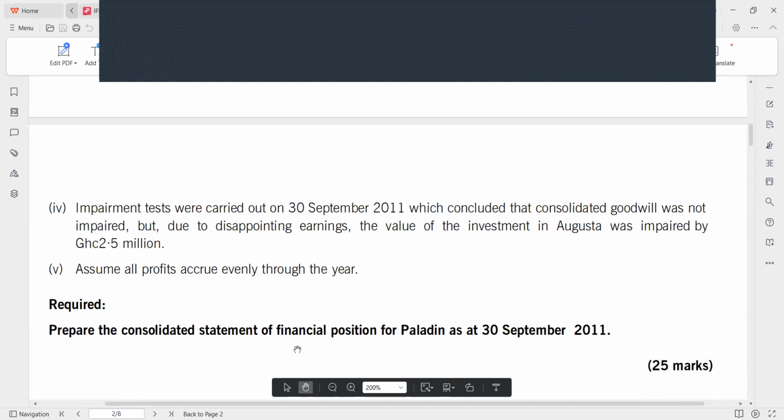But due to disappointing earnings, the value of investment of Augusta was impaired by 2.5. So that means we need to look at that one.